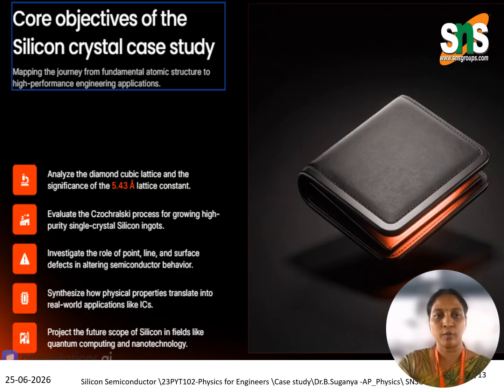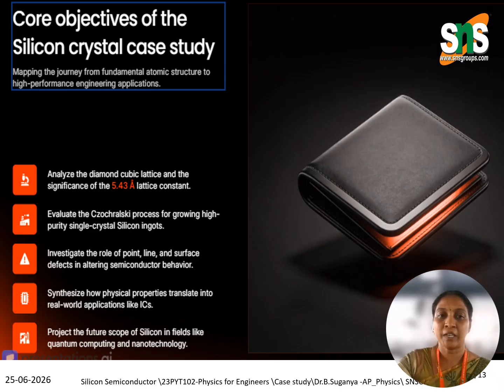The core objective of this case study is to analyze the diamond cubic lattice structure and its significance, then evaluate the Czochralski process for growing high purity single crystal silicon ingots, investigate the role of point, line, and surface defects in altering semiconductor behavior, and synthesize how physical properties translate into real world applications like ICs.